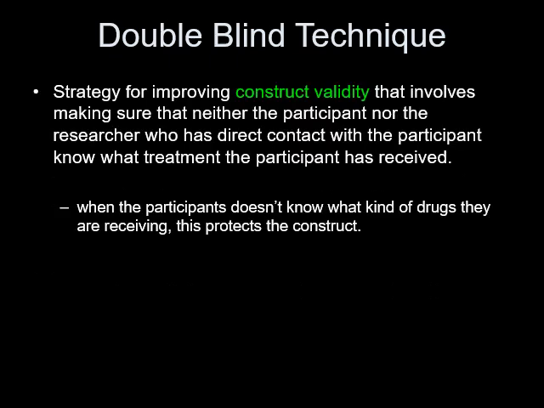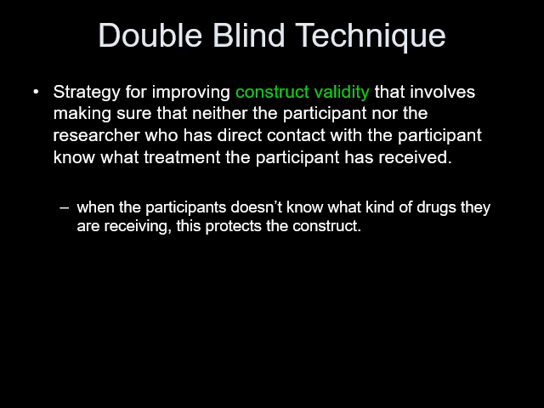Now something I want to talk about is the double blind technique. When doing research, especially in your methods, you want to make sure that you are not being swayed because you are the person who came up with the hypothesis, right?